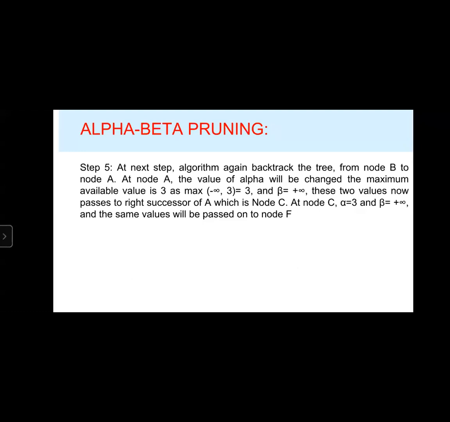These two values now pass to the right successor of A, which is node C. Here at node C, alpha equals 3 and beta equals plus infinity, and the same values will be passed on to node F.